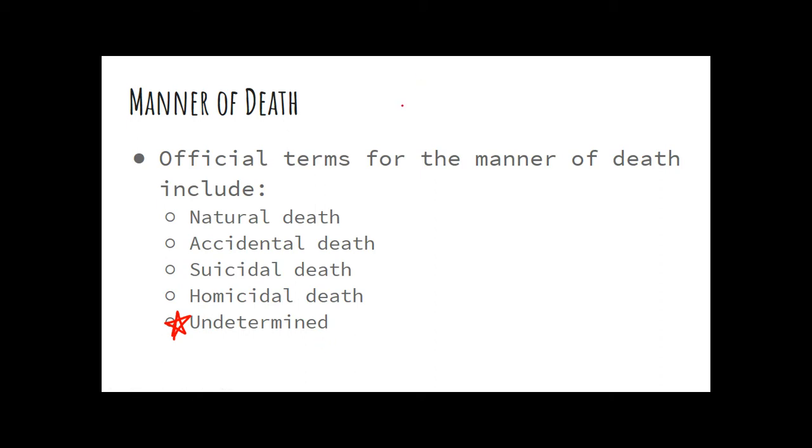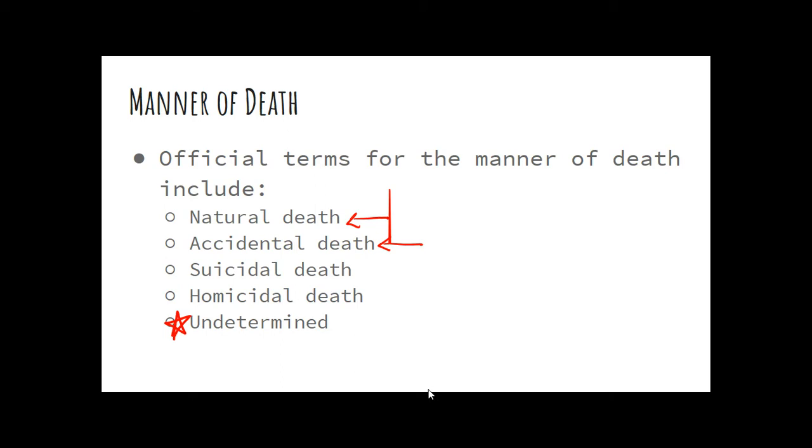Obviously, if it's a natural death, then we're not going to have an autopsy most of the time. If you are a 60-year-old man dying of a heart attack, you're probably not going to have an autopsy. If something is accidental and they're questioning whether this is a real accident or if something else was afoot, they might do an autopsy.